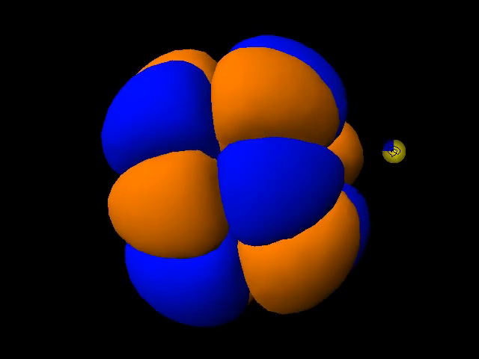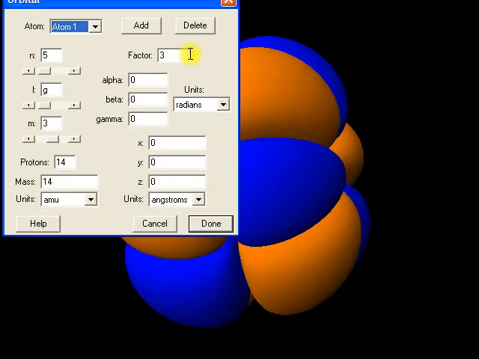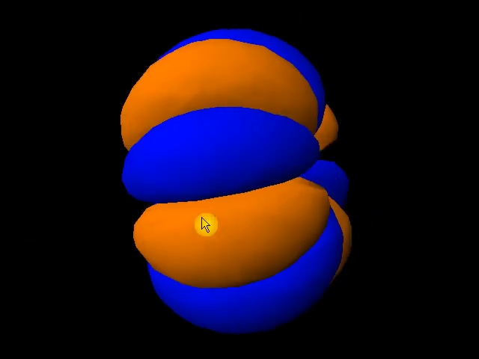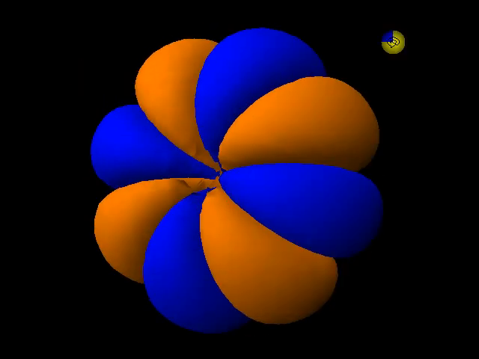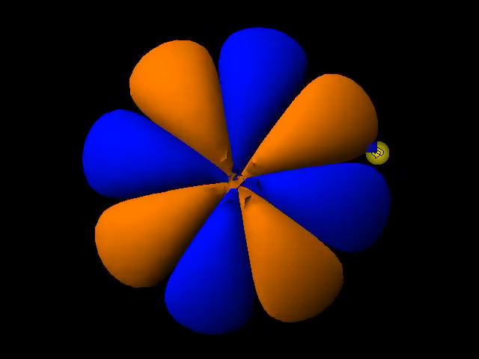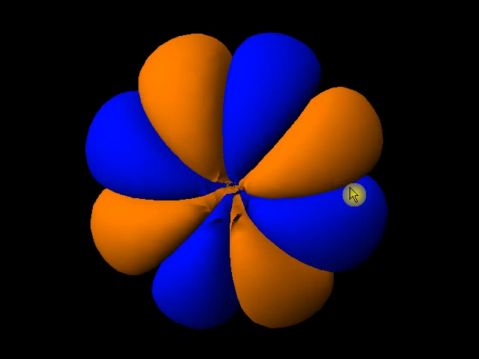Another beach ball oriented differently once again. And then some looks like an orange like that. But this just gives you an overall idea of what some of these suborbitals look like, some of the shapes that the electron clouds tend to go into.